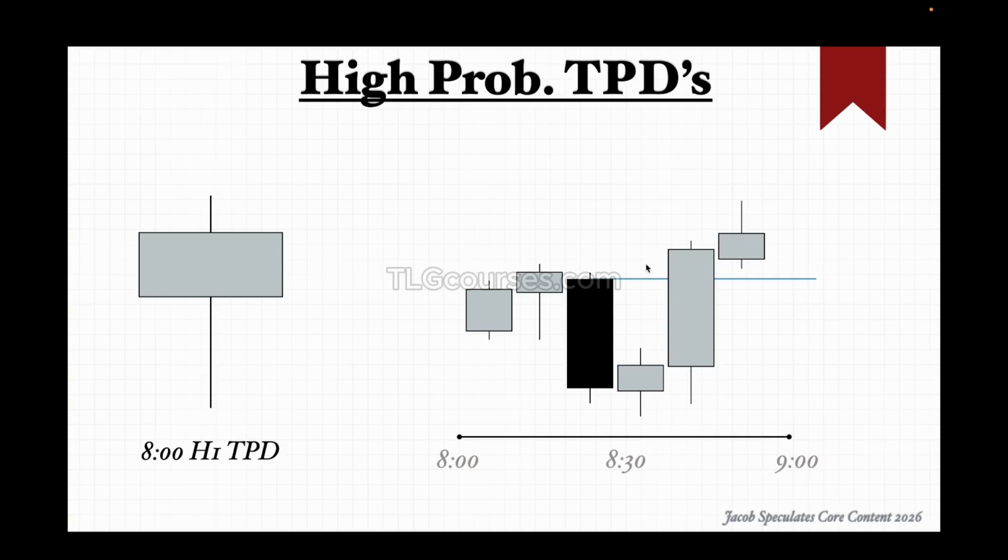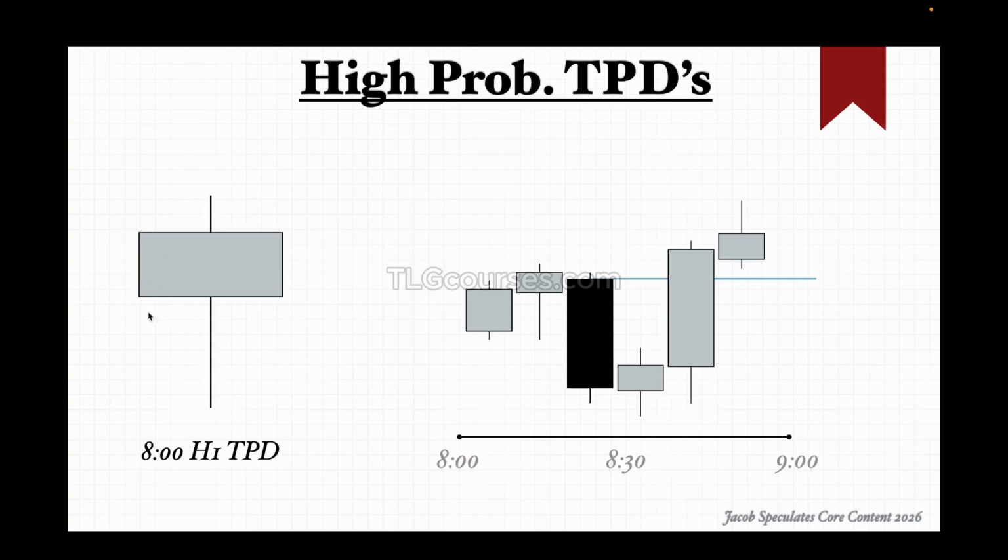Price trades higher, closing through this down close candle right here, marking a change in the state of delivery. And combining this with narrative is how you get very accurate results, and you'll be able to see extremely good results.